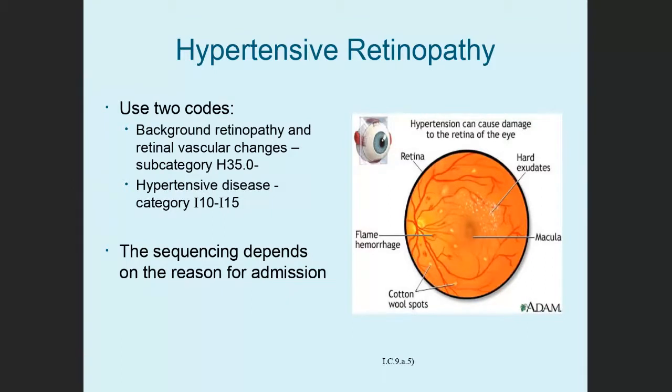This occurs when the hypertension causes problems in the retina of the eye. So you're going to use two codes, one from H35.0, background retinopathy and retinal vascular changes, and then hypertensive disease from I10 to I15. The sequencing depends on the reason for the admission.